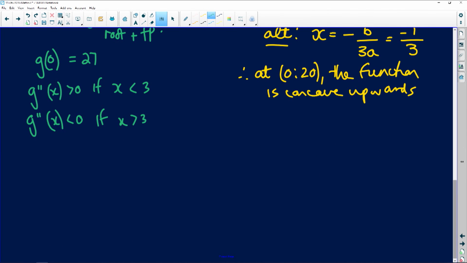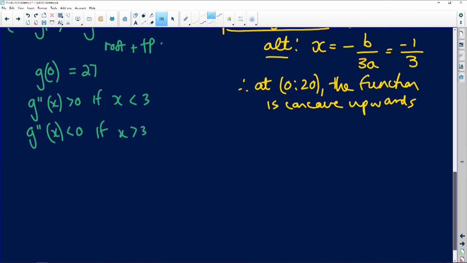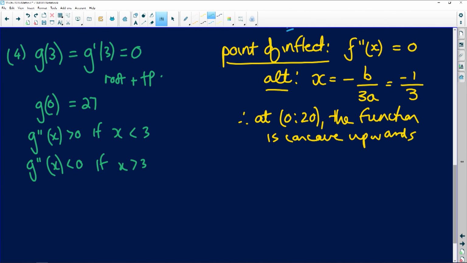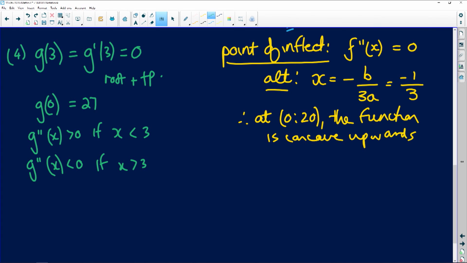So what does that mean? It means at the root or at the turning point, the concavity changes. It changes from concave upwards to concave downwards. And then it crosses the curve.